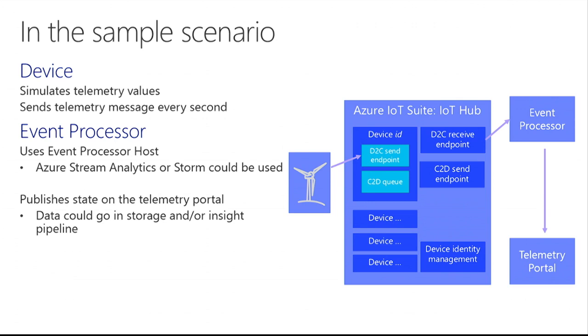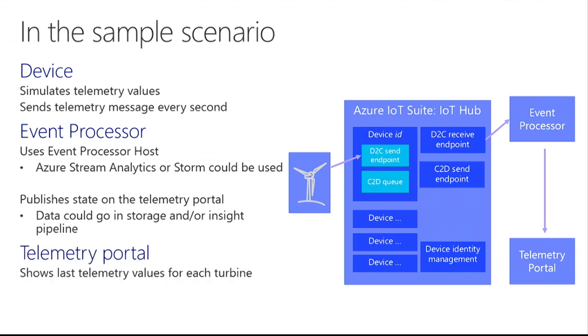Of course, any other way to receive messages from Event Hub can be used, such as Azure Stream Analytics or HDInsight Storm. This is the start of your event processing pipeline. So the data could go in storage or in an analytics pipeline or anything that you want to do with this data. The last step is, of course, the telemetry portal that shows the last telemetry values for each turbine.